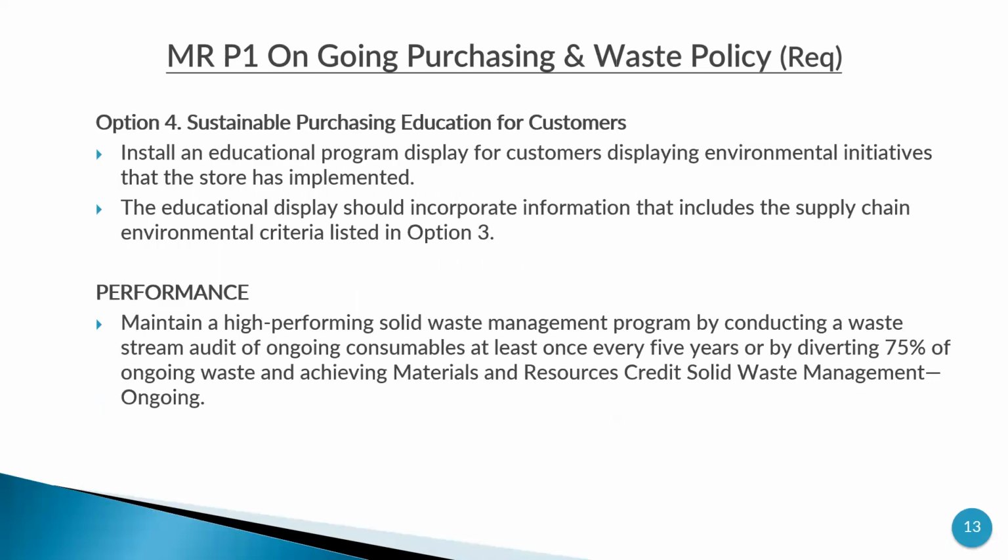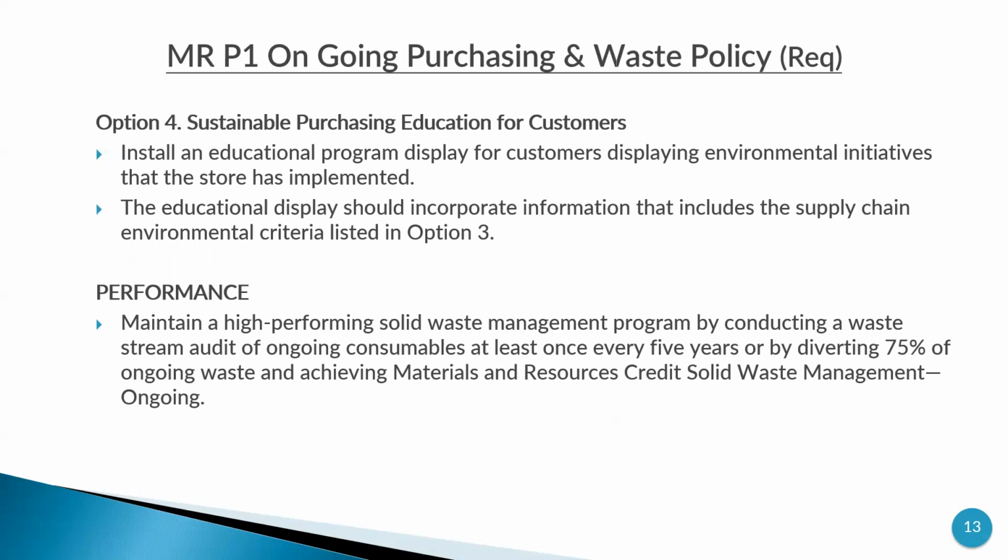Coming to option 4, sustainable purchasing education for customers. Install an educational program display for customers, displaying environmental initiatives that the store has implemented. The education display should incorporate information that includes the supply chain environmental criteria listed in option 3.